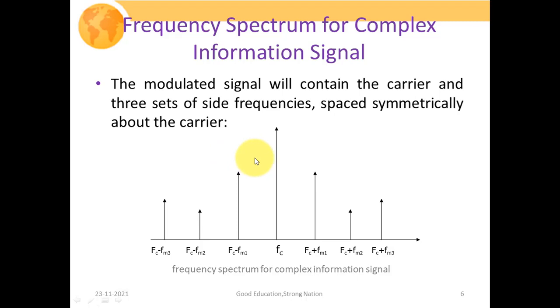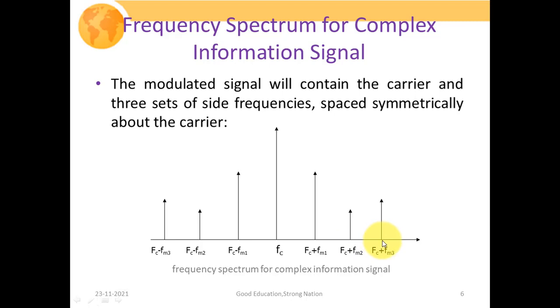So from our past expression, we have seen that we'll be having these 7 frequency components. One is nothing but your carrier frequency, which is your Vc times cos of 2 pi fc t. This is the upper sideband frequency component associated with your frequency component fm1. This is the upper sideband component associated with your fm2.